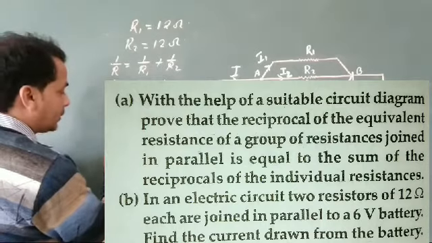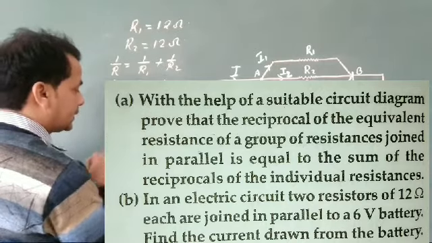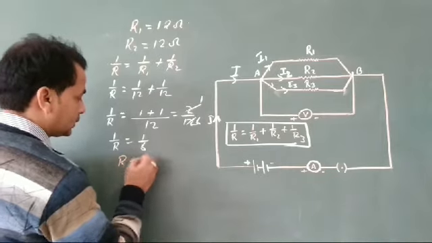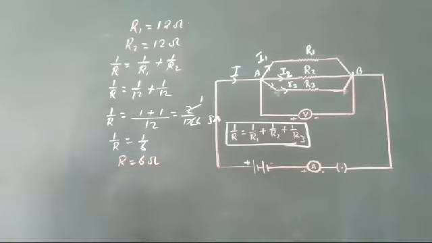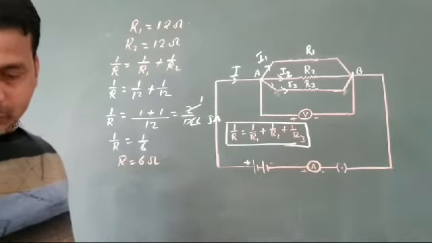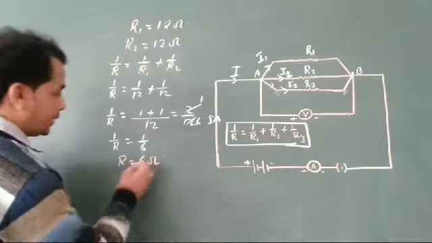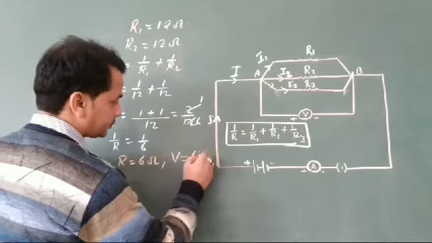Then 1 by R equal to 1 by 6, and R equal to 6 ohm. And the potential difference here is given as 6 volt.